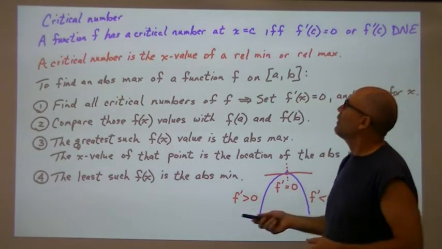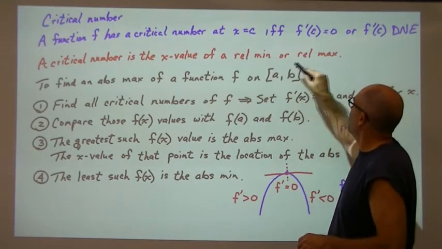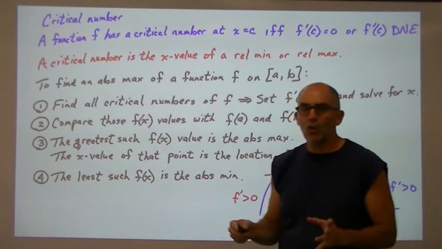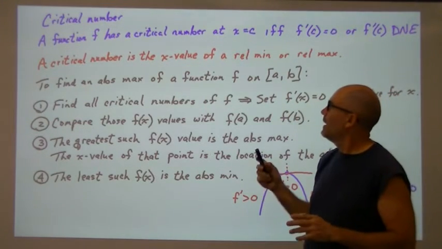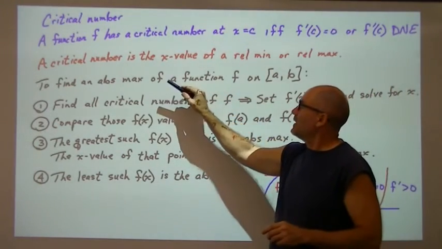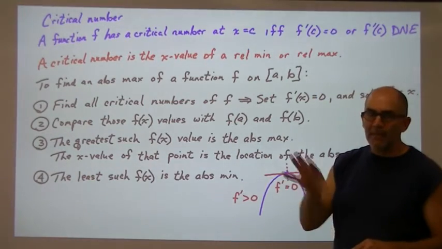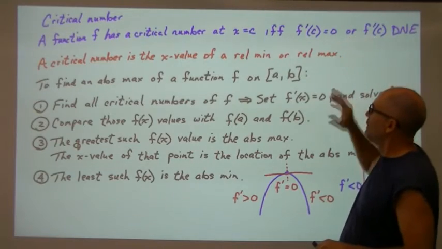The critical number is the x value of a relative min or a relative max, or a point where the slope is infinity. So now, the next thing, we've defined a critical number. That could be a min, could be a max, or it could be a place where the function's undefined.